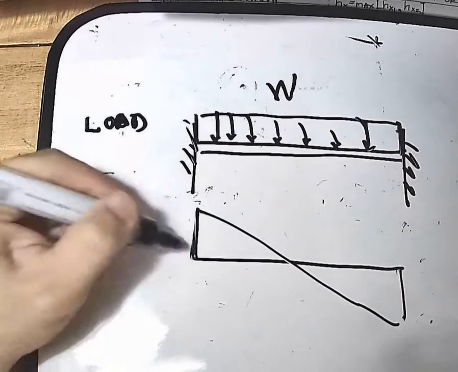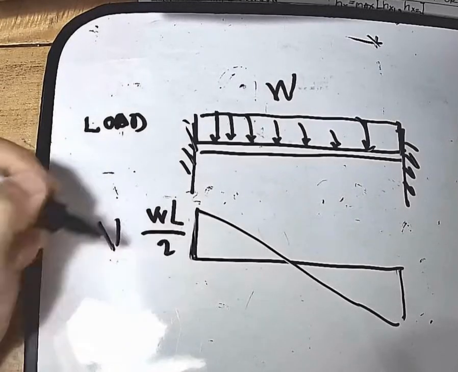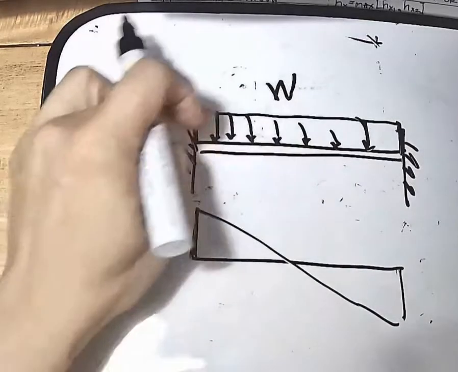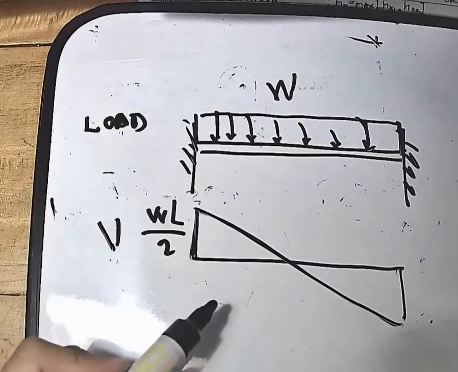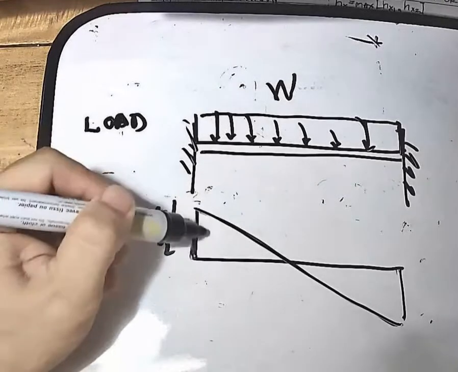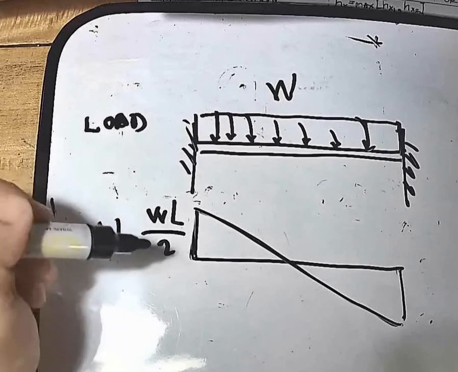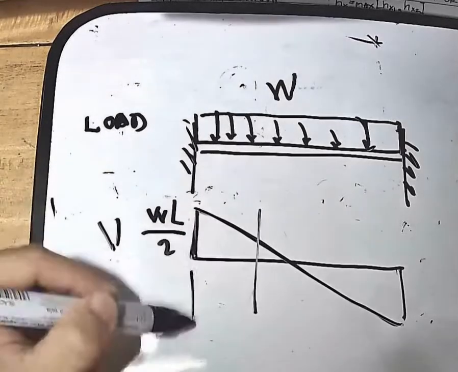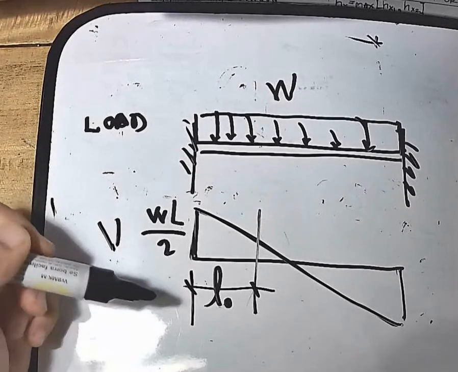Now this shear value is simply W times L all over 2. Since this is uniformly loaded, first degree line yan. Okay, so ibig sabihin, dito pinakamalapit sa support yung pinakamalakas ang shear. So ito yung tinatawag na L sub O, critical region.